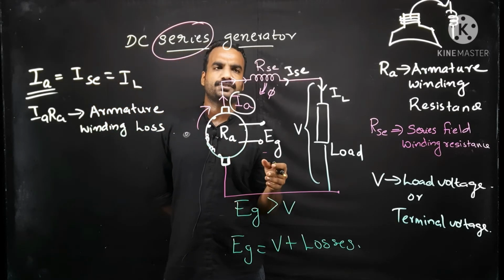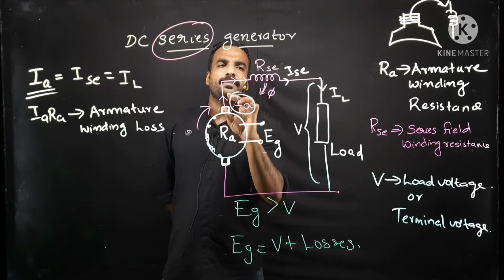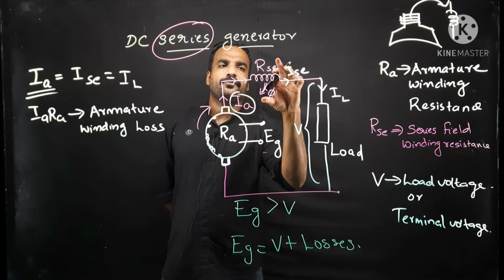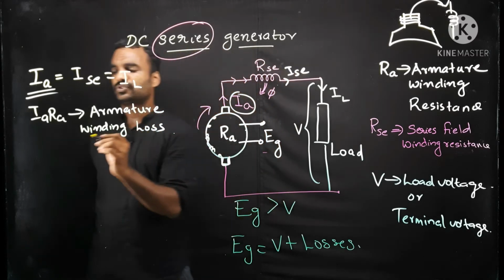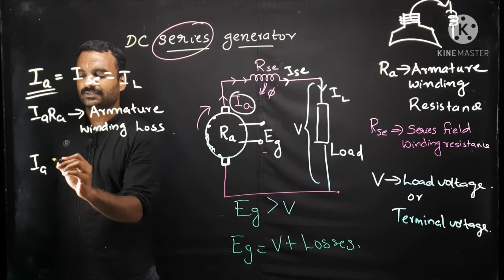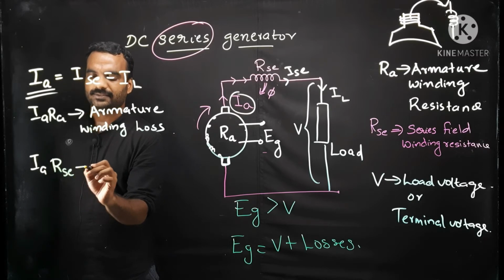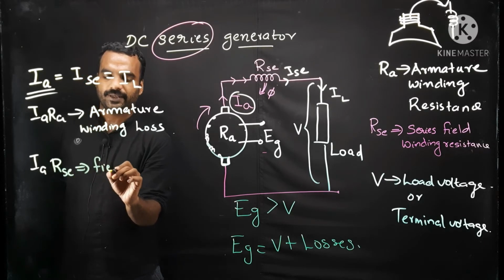What is the next loss? The same IA will pass through RSC, the series field winding. So there will be a current squared into resistance loss, IA squared RSC, field winding loss.